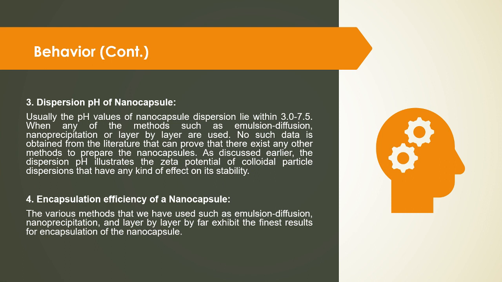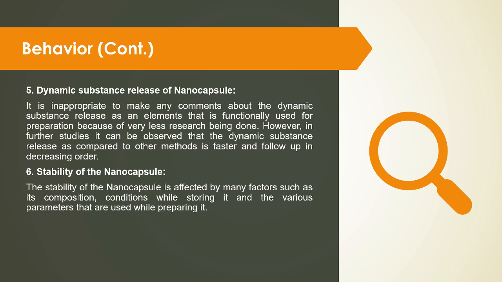Number four is the encapsulation efficiency of a nanocapsule. The various methods that we have discussed, such as emulsion diffusion, nanoprecipitation and layer by layer, by far exhibit the finest results for encapsulation in the nanocapsule. The fifth point in the behavior section is dynamic substances release of nanocapsules.